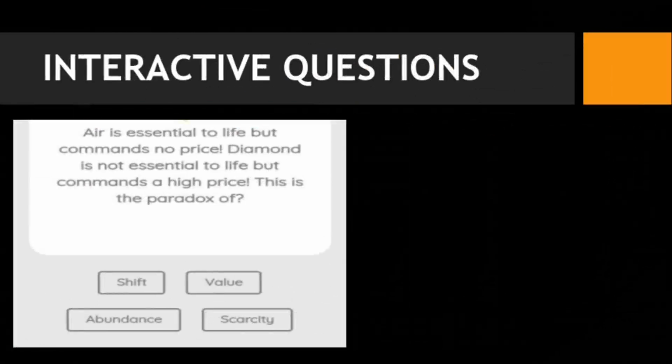This is the paradox of scarcity, because you know that air is actually abundant, so it is not scarce, but diamond is scarce. That's why there is much value attached to it.